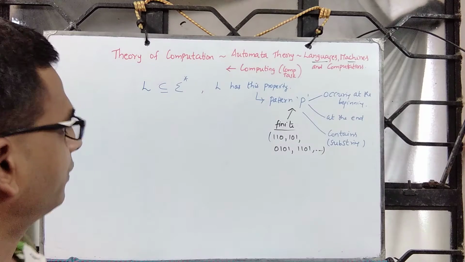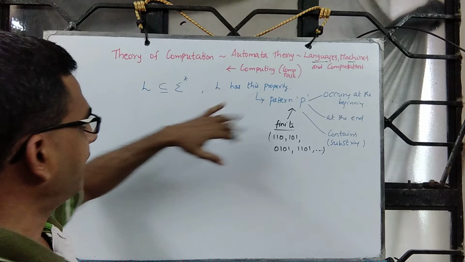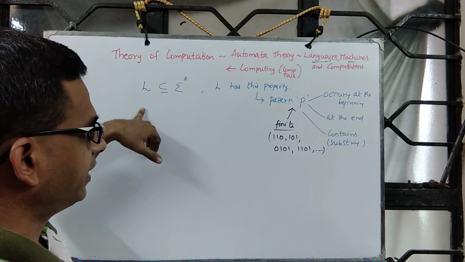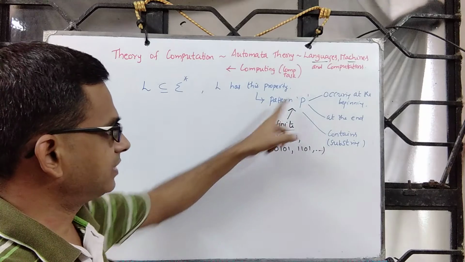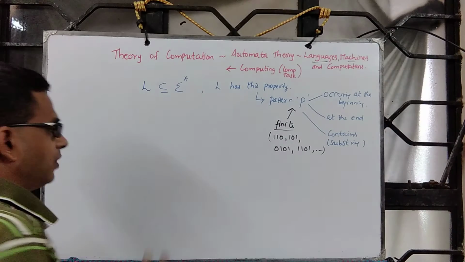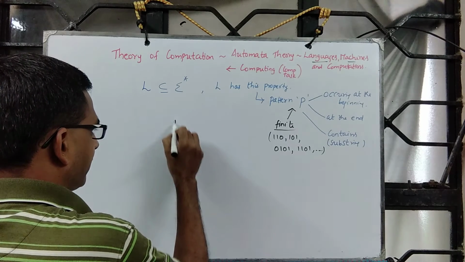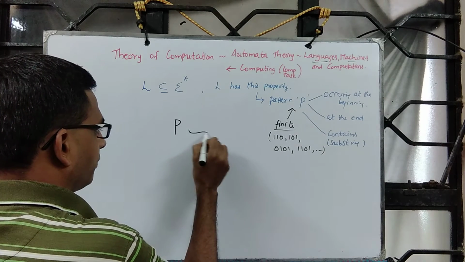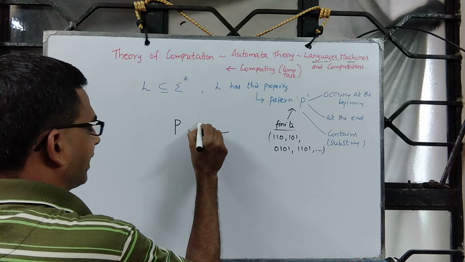Okay, so when we ask for a question like construct a finite automaton containing P, or P is at the beginning or P is at the end, what was the larger message? The message was you may get to see a pattern followed by some string over the alphabet.